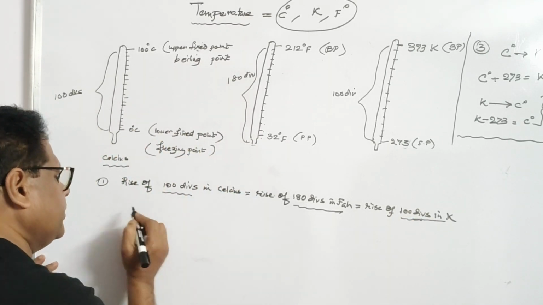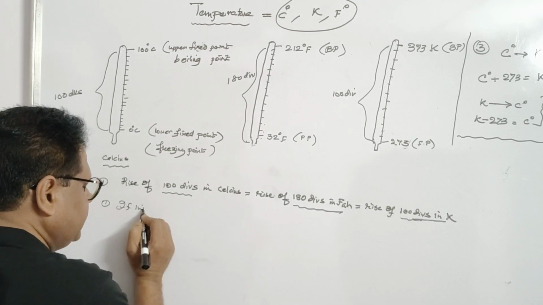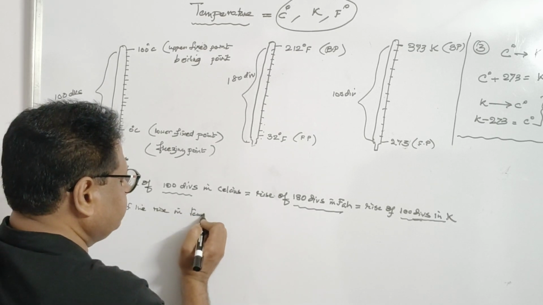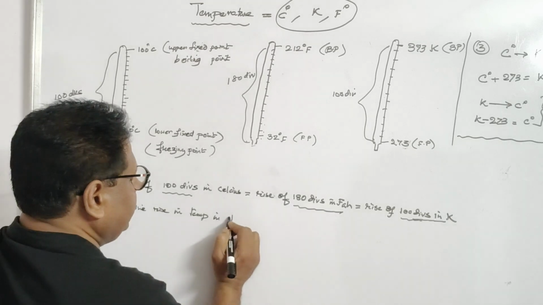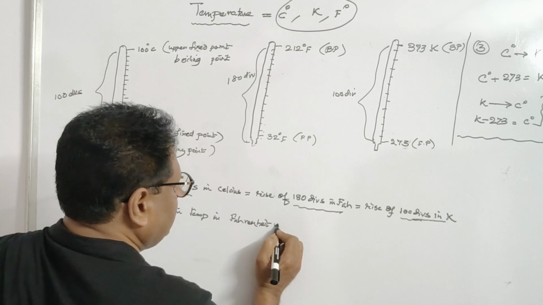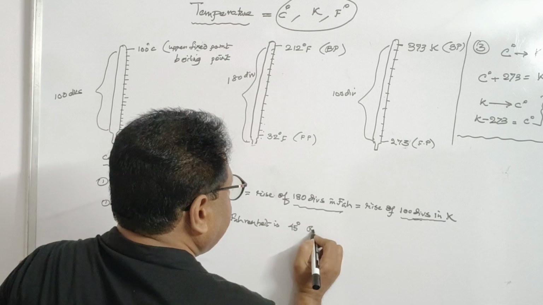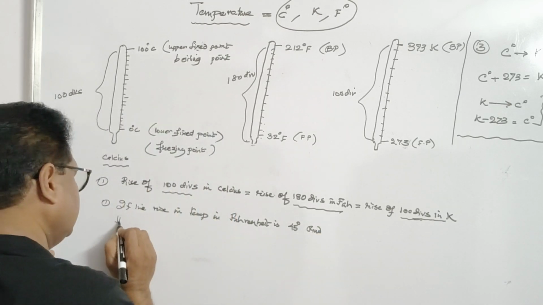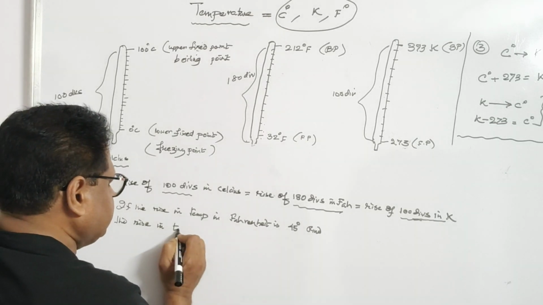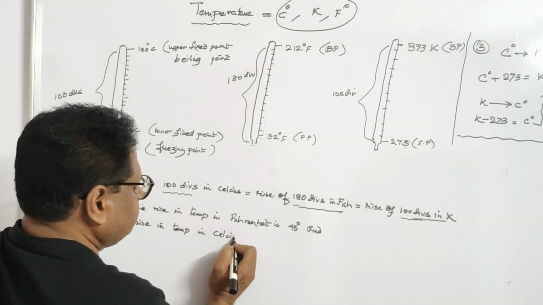Now the question is like this: if the rise in temperature in Fahrenheit is 45 degrees, find the rise in temperature in Celsius.